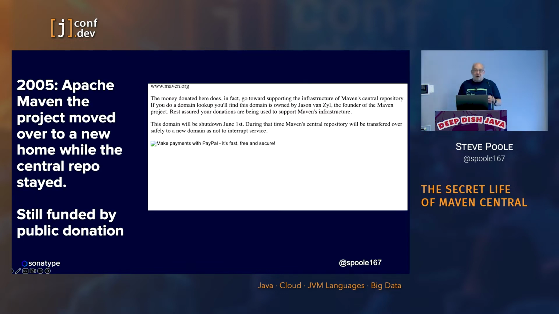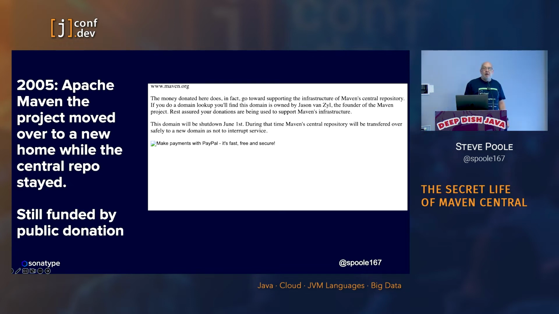By 2005, there was a split. Oh, by the way, the pictures mostly come from the Wayback Machine, so if all the images are not there, it's not my fault. It's because Wayback Machine forgot. By 2005, we'd split out Maven as a tool from Maven as a repo, but still funded by public donation.